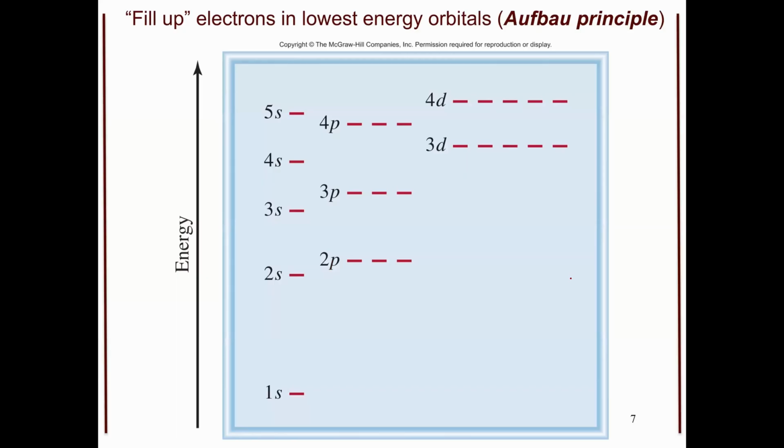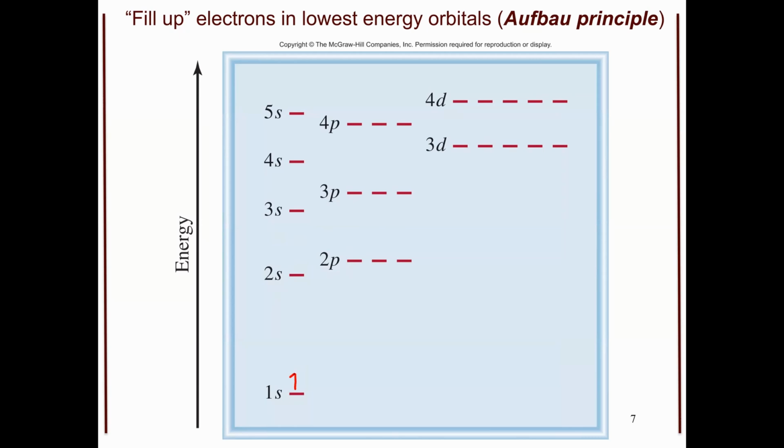So now let's talk about a couple of very important rules. The Aufbau principle is how we state that we go about filling up electrons from their lowest energy orbital. This means that as we add electrons, we must put them in the lowest available spot. So notice that I'm going to put 1 electron in the 1s orbital.